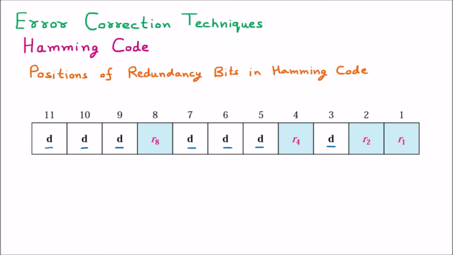Whenever we are sending this data, with it some redundancy bits are added for checking purposes, and these bits are called redundancy bits. So this portion is the data, this one is the data, and also this one is the data. Actually it was the complete data, and in between we have placed some redundancy bits.